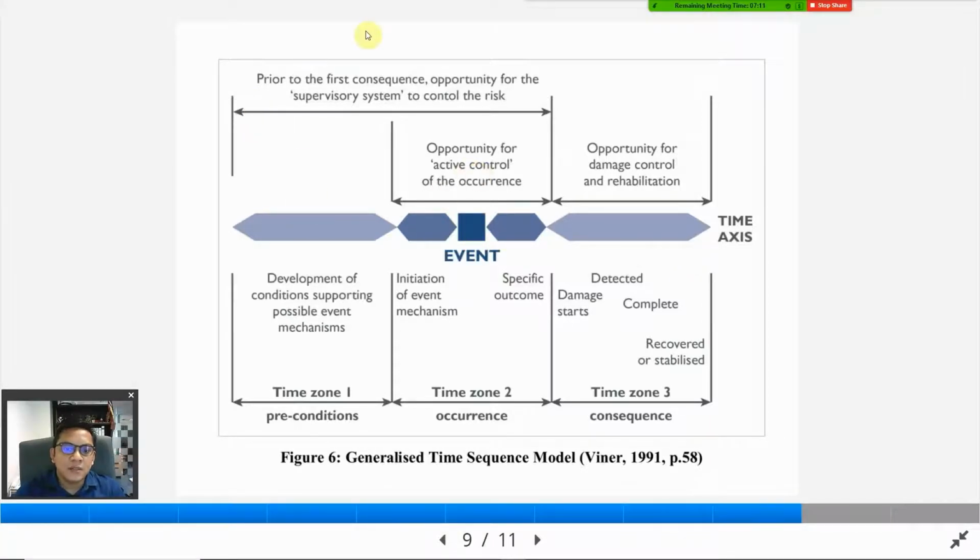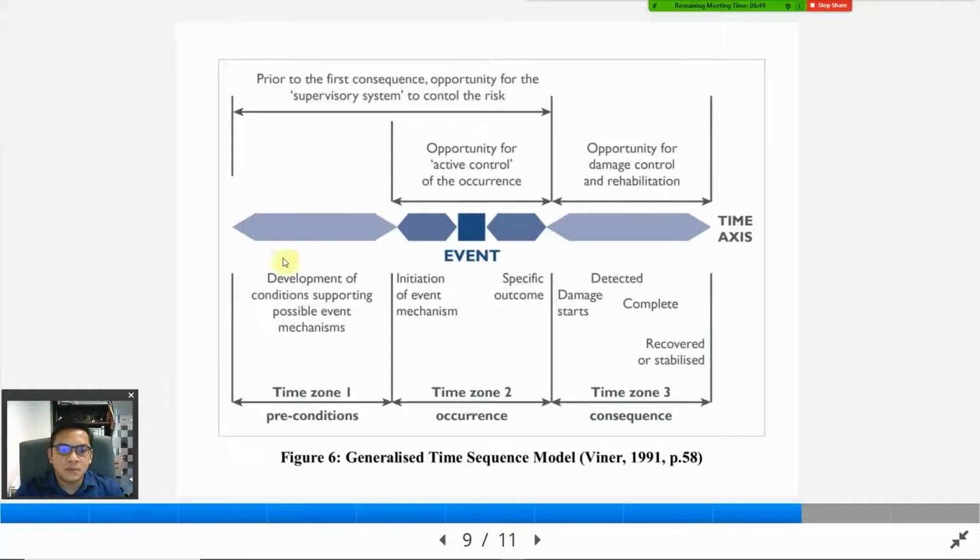Okay, and then you can see above this purplish line is above. Okay, this is where opportunity arises. So number 1 is opportunity to control the risk. Okay, between here to here.